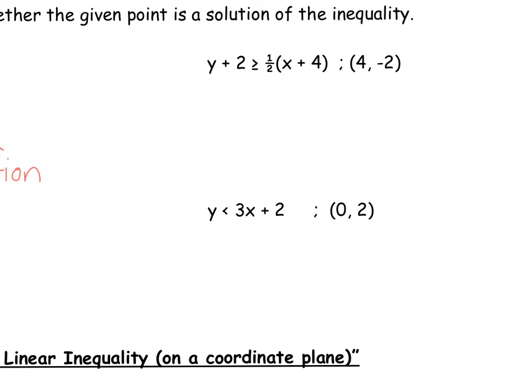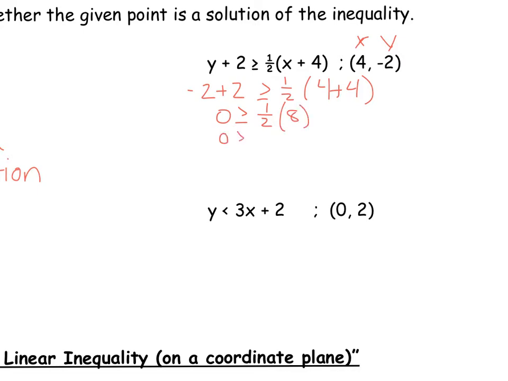Next up, here's an x and y. Let's plug those in. Here's the x, here's the y. Negative 2 plus 2 is greater than or equal to 1/2 times 4 plus 4. Well, negative 2 plus 2 is 0. So is 0 greater than or equal to 1/2 times 8?